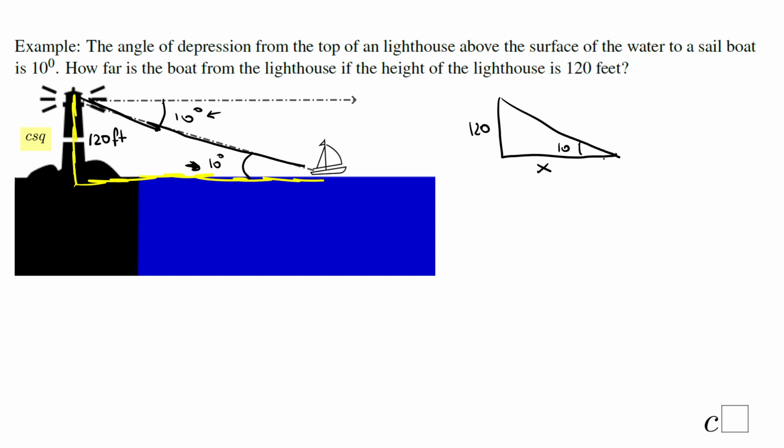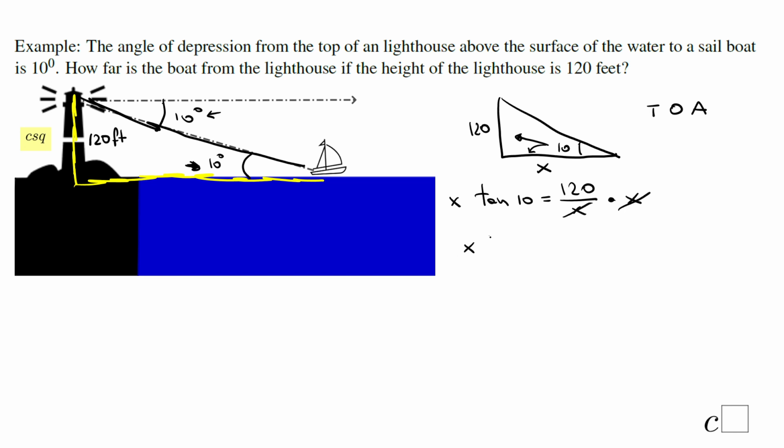So now we have what here? We have the angle. This is the opposite leg, and this is the adjacent leg. Opposite leg, adjacent leg. That goes with tangent. So we have tangent of 10 degrees equals 120 over x. Very similar to the previous problem. I'm going to multiply by x to get rid of this x.